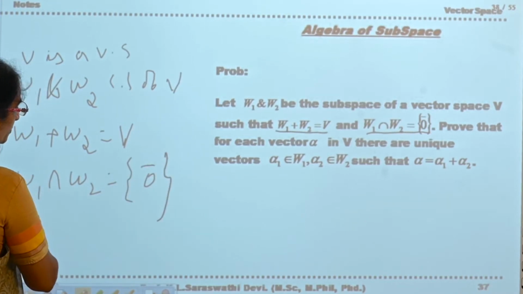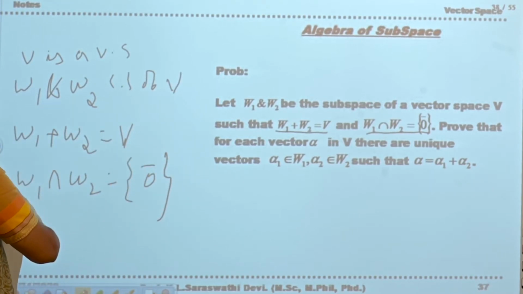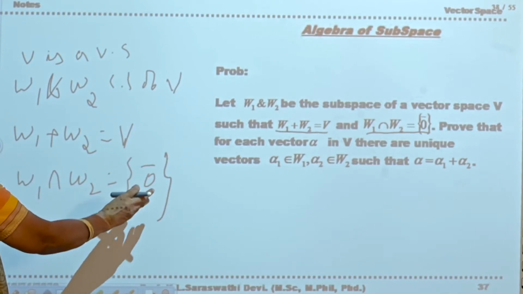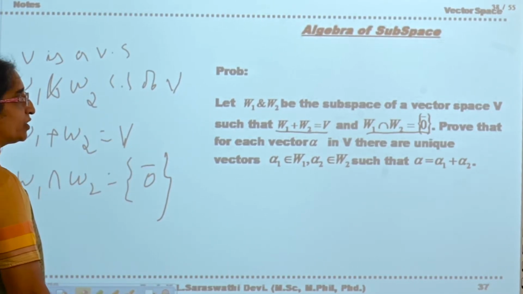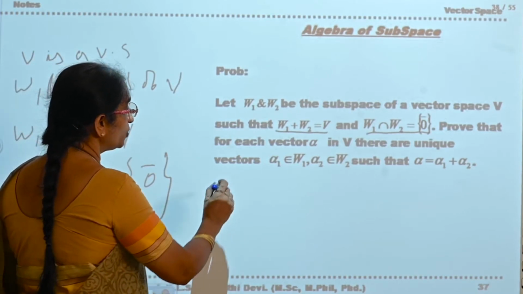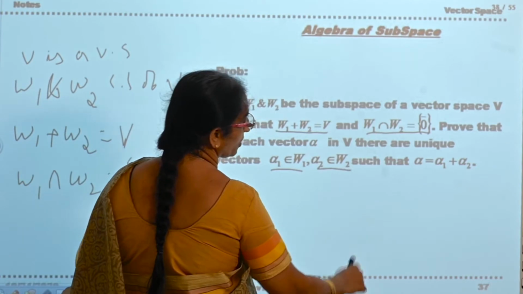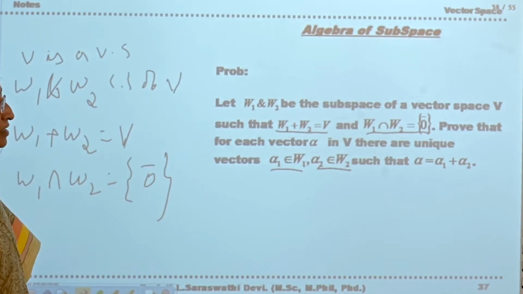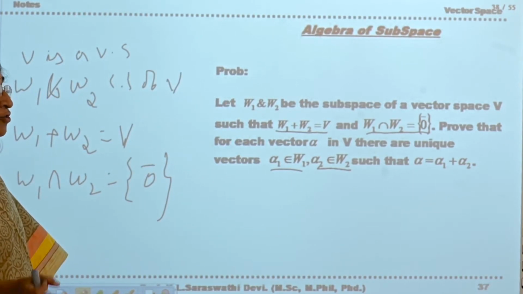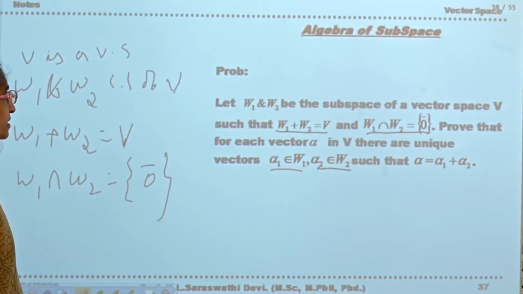There is no other element which belongs to both W1 and W2 except 0 bar. Now what you have to prove? There are unique vectors alpha 1 belongs to W1, alpha 2 belongs to W2 such that alpha is equal to alpha 1 plus alpha 2. Where is alpha? Alpha is in V.